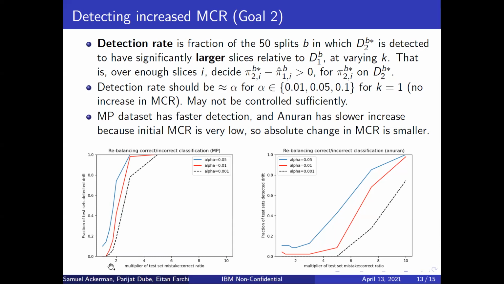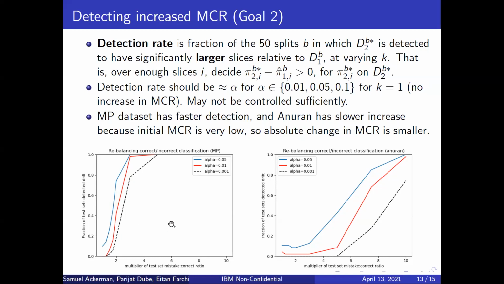And we want to see that here for these 2 data sets, when K increases, the detection rate goes from around 0, where it should be for K is 1, to 100% fairly quickly. So we want to detect a change for most of the splits fairly quickly.